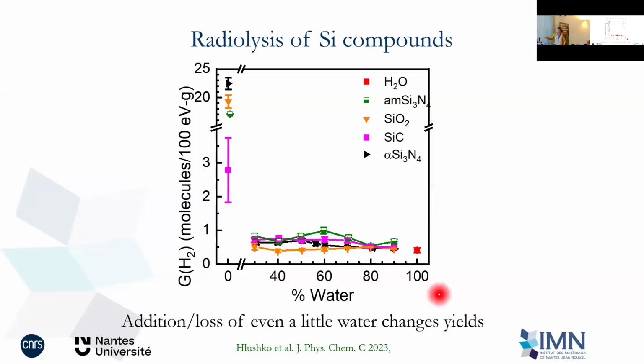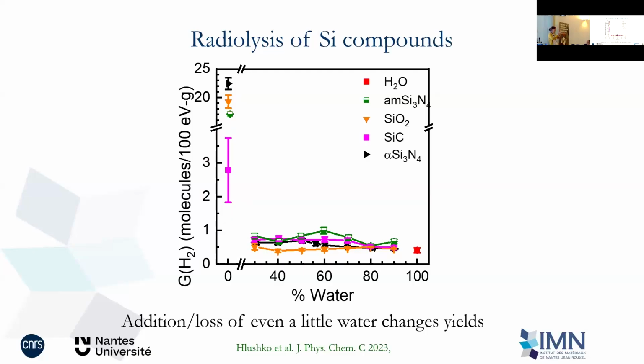You can compare how much hydrogen you are producing in just water, and then you start adding these particles and see how things change. It always increases, with amorphous silicon nitride, silicon dioxide, silicon carbide, and alpha phase silicon nitride. But something quite interesting is the inhomogeneity there.